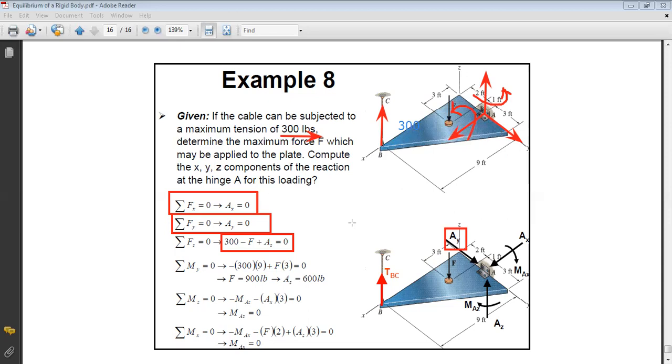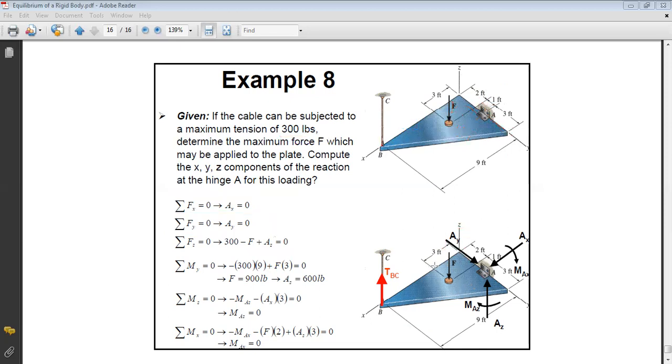To start with, let us do the sum of moments about the x-axis. This is our x-axis. So let me clear everything now. Let us start with moment about x. Don't forget, when you do sum of moments, always include the couples. When you do sum of moment about x, you should include the couple moment MAX first. Here, they chose MAX already in the negative direction.